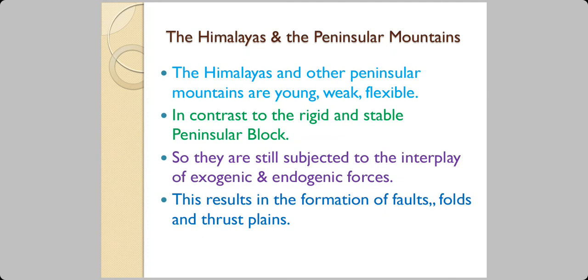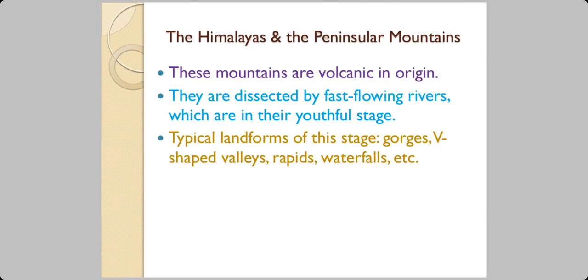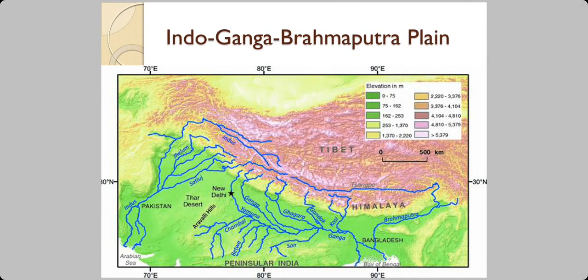And this results in the formation of faults and folds and thrust plains. Now the Himalayan and Peninsula mountains are also volcanic in origin, and these are dissected by fast flowing rivers which are in their youthful stage. They form various kinds of gorges. Some are V-shaped, and you also have the rapids and the waterfalls.